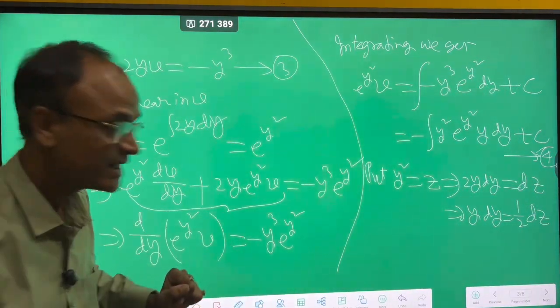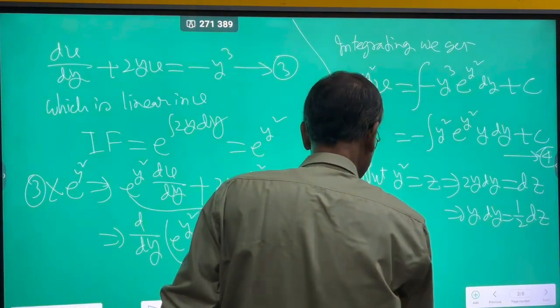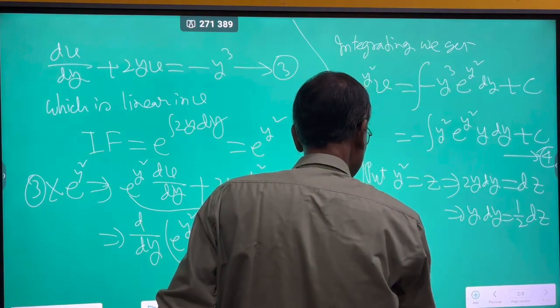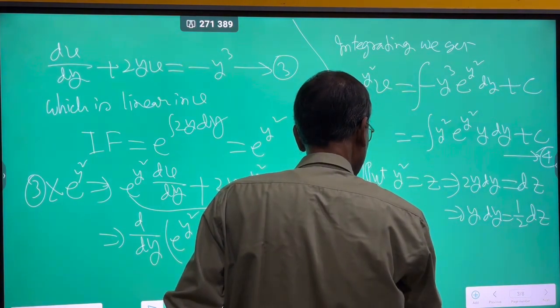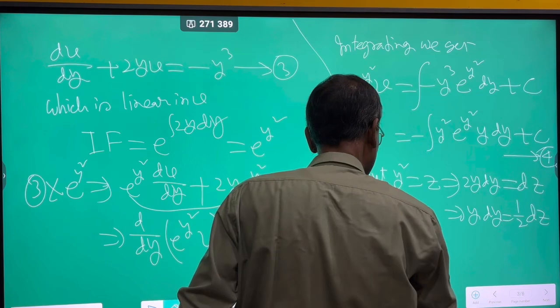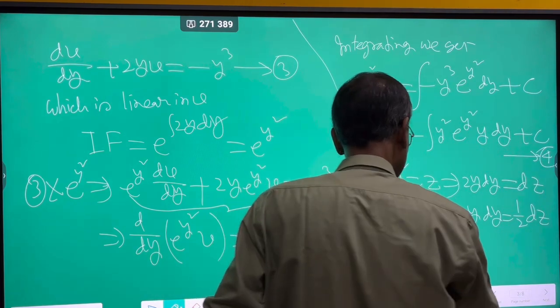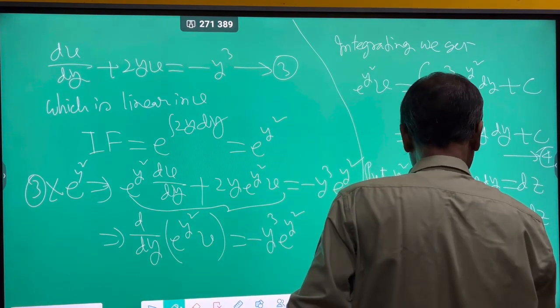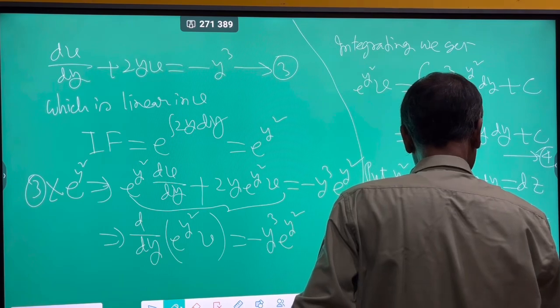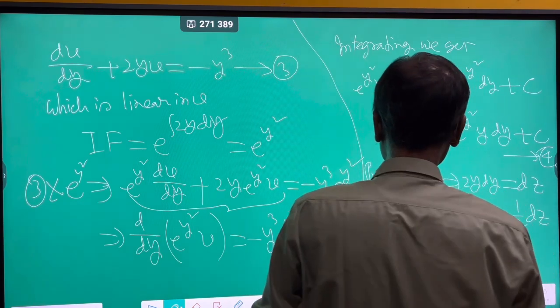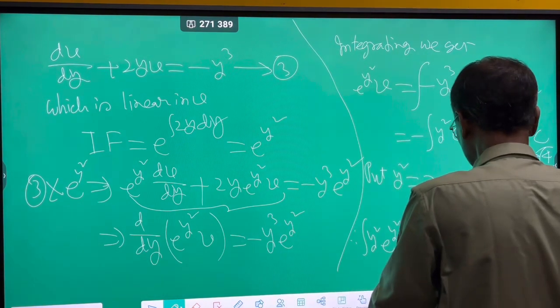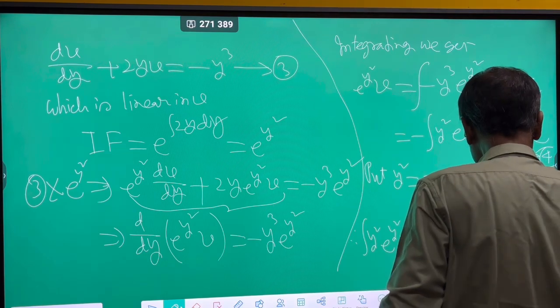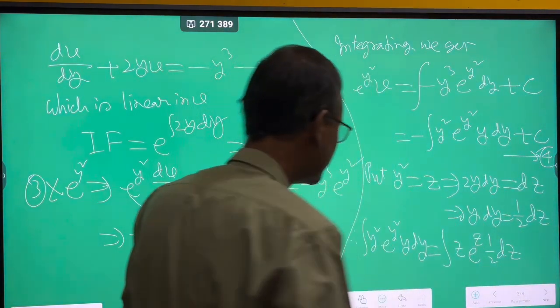Therefore, integral y square e to the power y square y dy should be equal to integration z e to the power z, y dy means 1 by 2 dz.